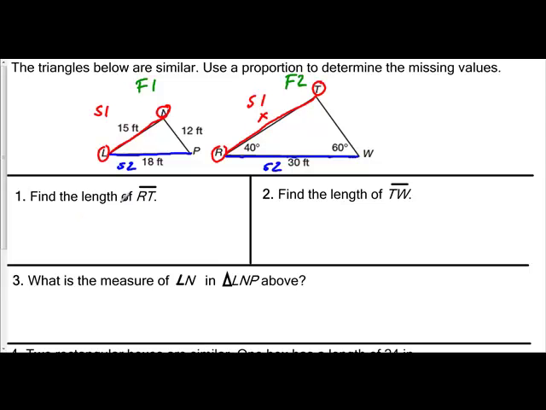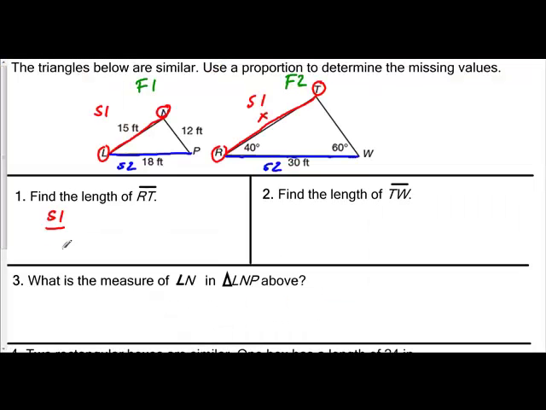I'm going to create a proportion of side 1 compared to side 2, and we're going to compare figure 1 to figure 2. So this is how we label it. Side 1 to side 2, figure 1 to figure 2. So let's take a look at that proportion and see if we can solve for that.